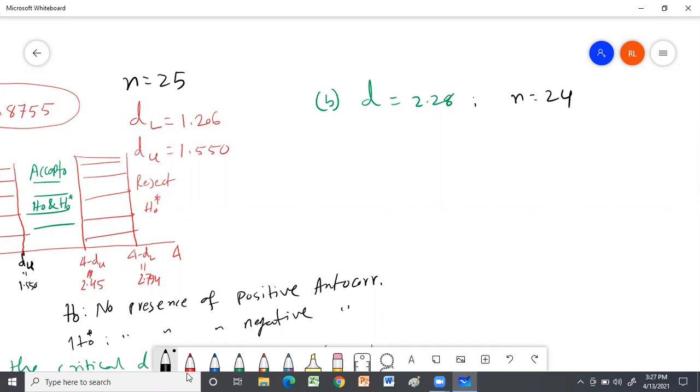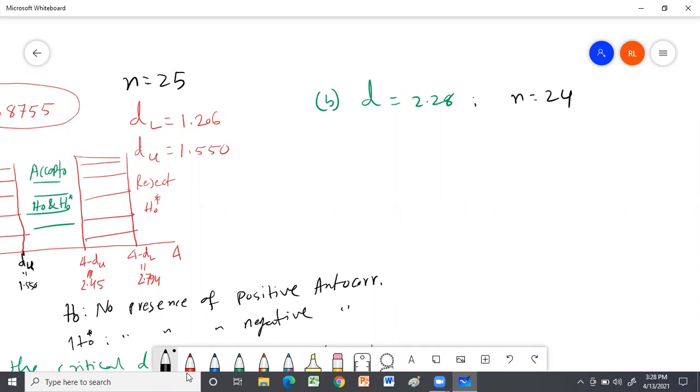Now from the table, just go back to your table again at 5% level of significance. Now your total number of observations has become 24. So corresponding to 24, for the two independent variables, your lower limit of D value is 1.188 and upper limit of D value is 1.546. Can you all see?